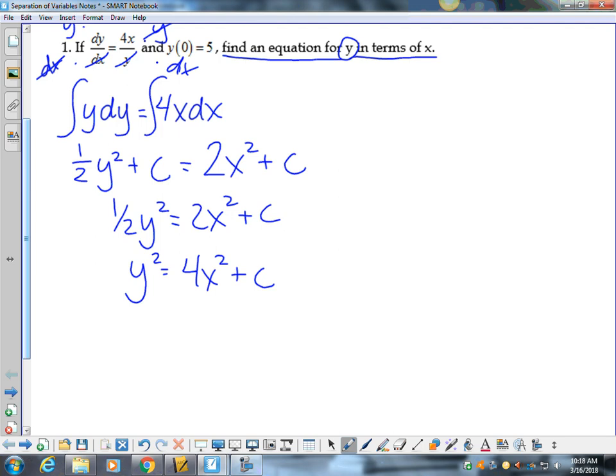And then root both sides. What are you going to have? What are we missing out here? Plus or minus. Good.